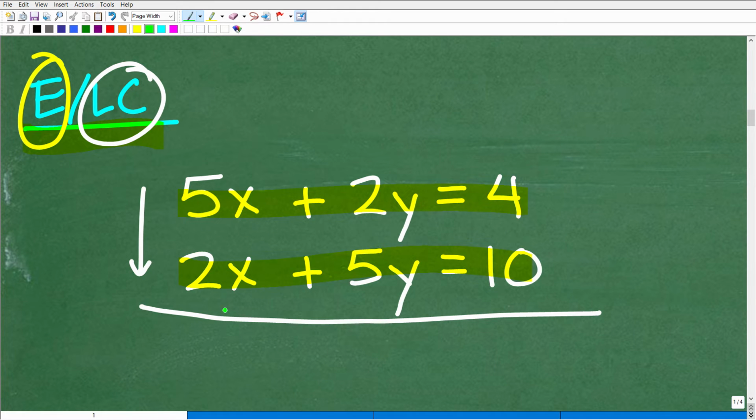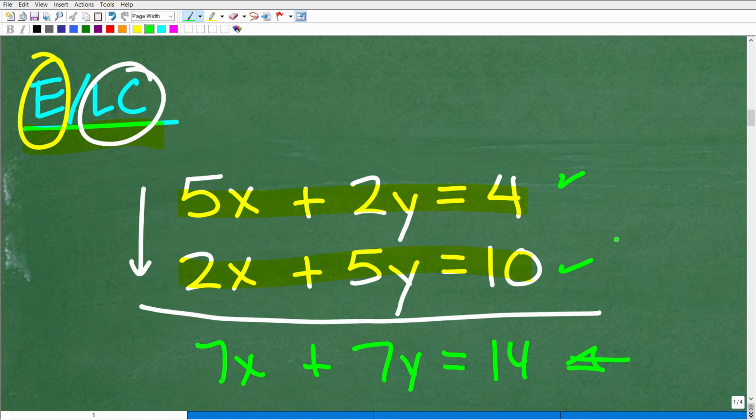Okay, 5x and 2x, I get 7x, plus 2y and 5y, that's 7y. That's equal to 14. So this equation here is equivalent to these two, in terms of being a part of this system.